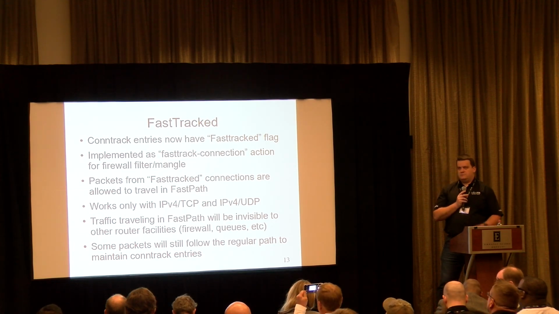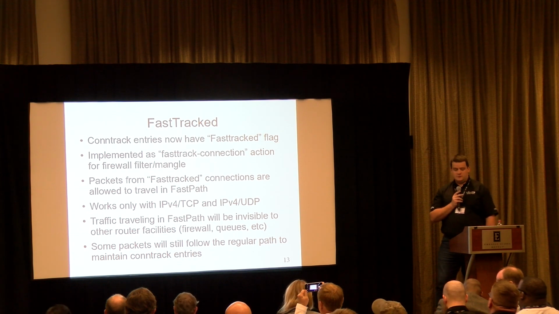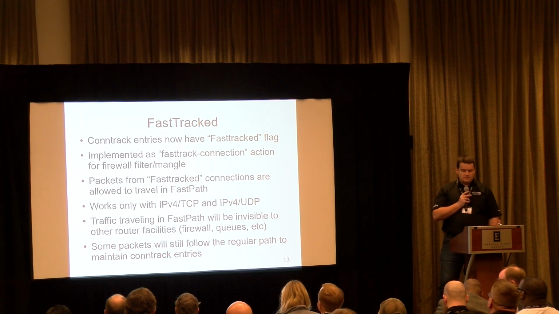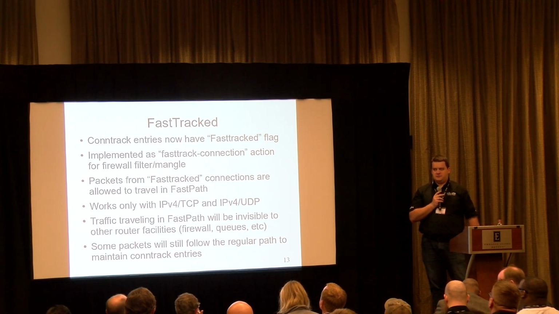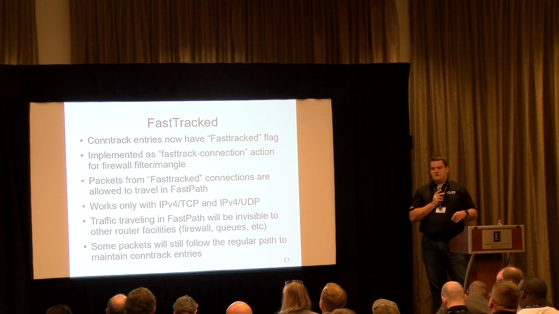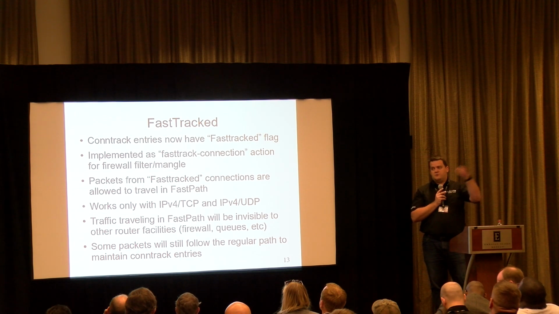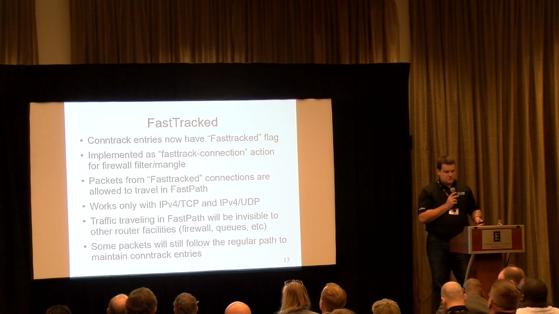FastTrack is actually a flag in the connection tracking table that allows packets from that connection to go through the router in the fast pathway, skipping everything else, including queues. So if you FastTrack traffic, queues will not be able to see that traffic. That's one of the main reasons why many complain that queues don't work. It's just because your packets go through the fast path and not through the queue.